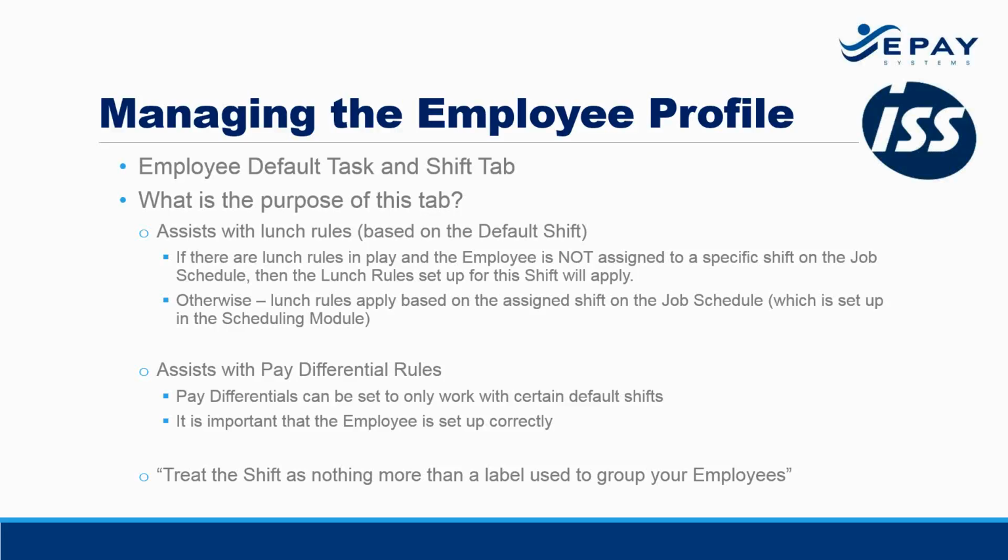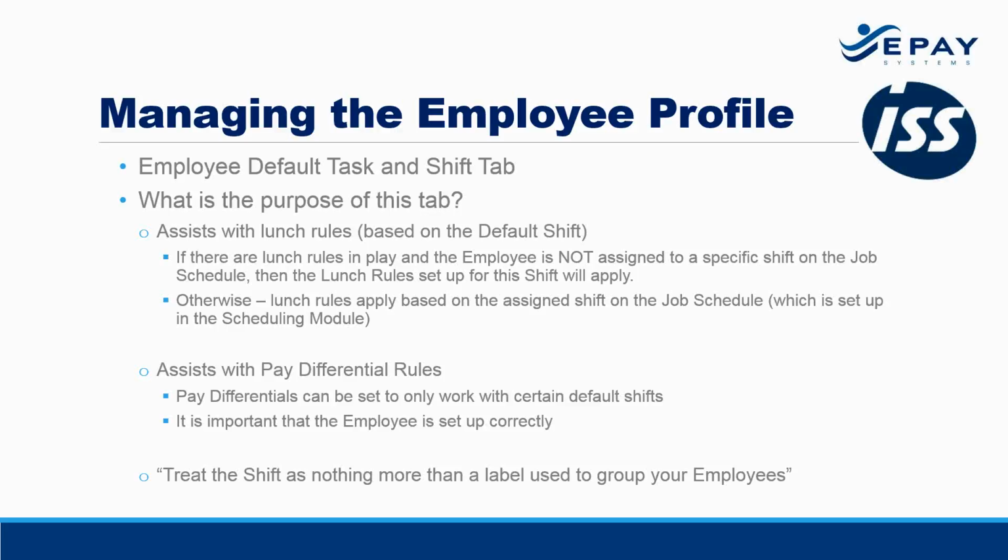Now, for those on the phone call, a handful of you up there I see are actually using the scheduling module. And on the scheduling module that we have out there, and I'll be doing some webinars on that in the near future, the scheduling module will actually drive and supersede any settings we have on this default shift and task tab.